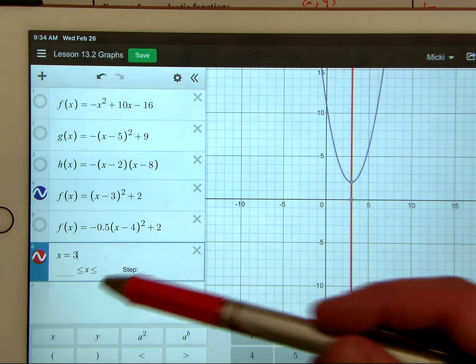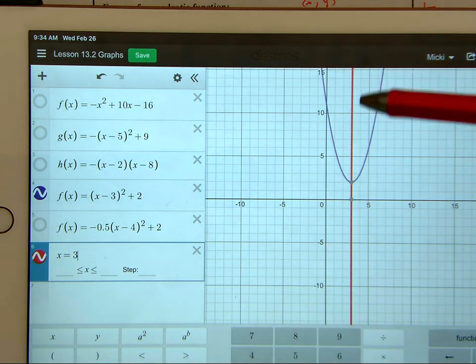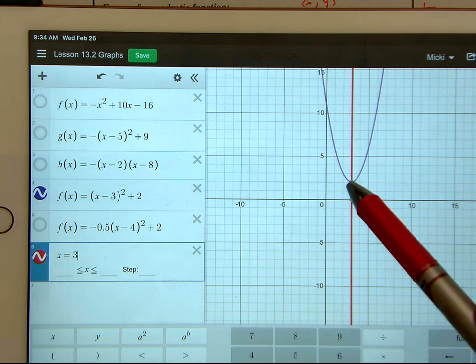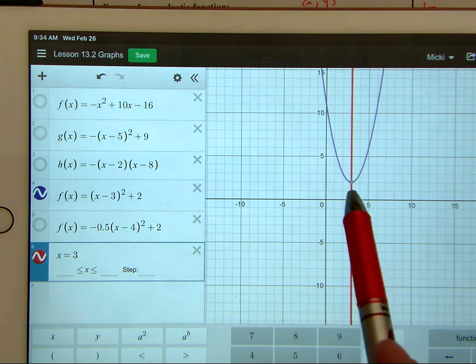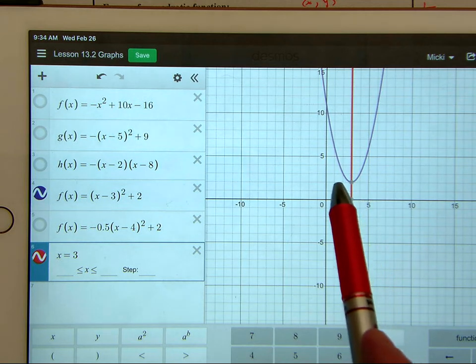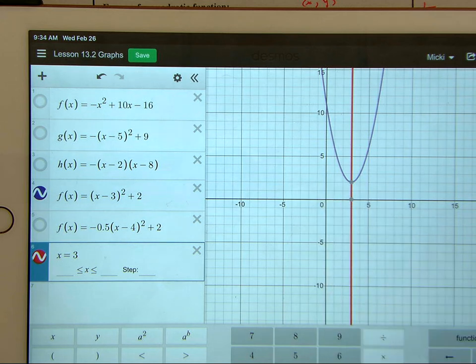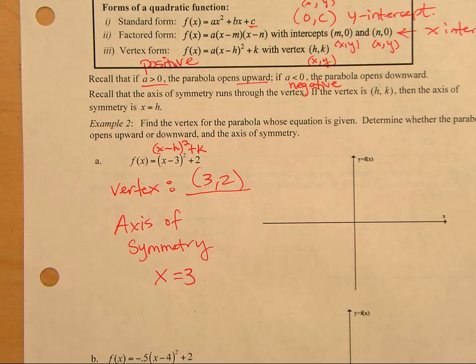This is not part of the graph itself, but you see that it's cutting the parabola right in half, and it actually has to go through the vertex. When the parabola opens upward, the vertex is a minimum point or a maximum point? A minimum point, because it's the smallest part of the parabola. The parabola goes down, down, down, stops at the vertex, and then turns back around. I don't know if it really stops, but it turns, it changes.